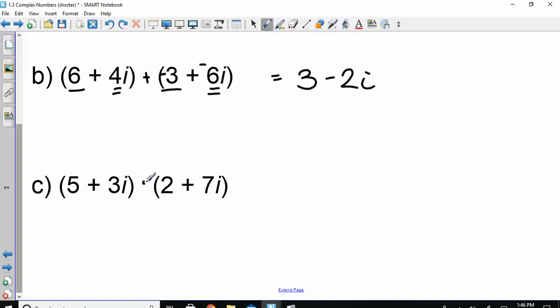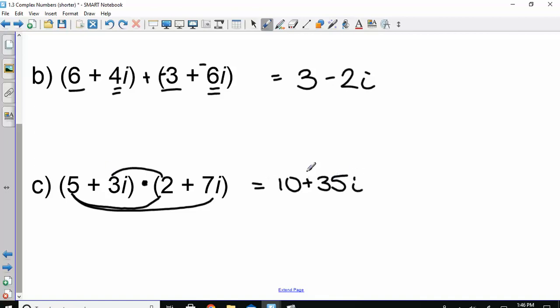C, I'm asking you to multiply. What do we need to do? So first, 10 plus 35i plus 6i plus 21i squared.